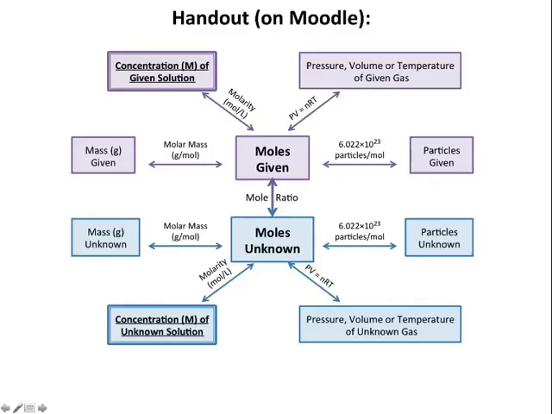So back to this handout that I first showed when doing stoichiometry, we're kind of back to the same plan of thinking about how the moles of one compound and the moles of the other compound are related by their mole ratio. That's the center of stoichiometry. What we're doing now is going from the concentration of a given solution using molarity to figure out moles of the given solute.